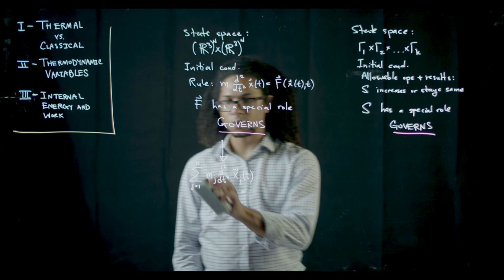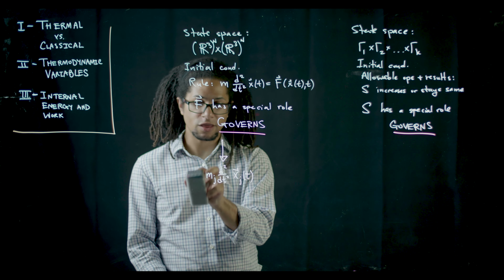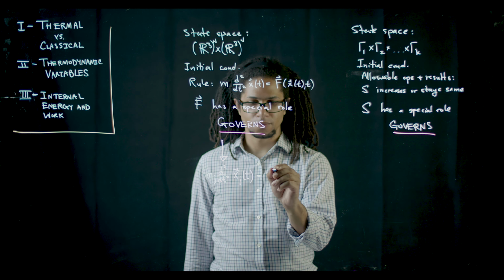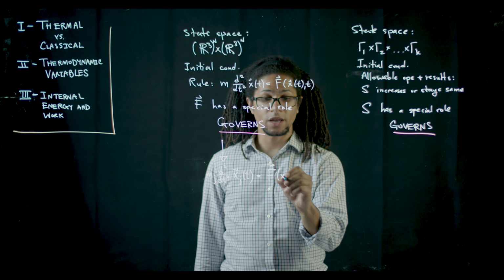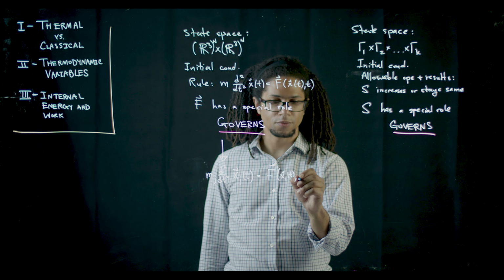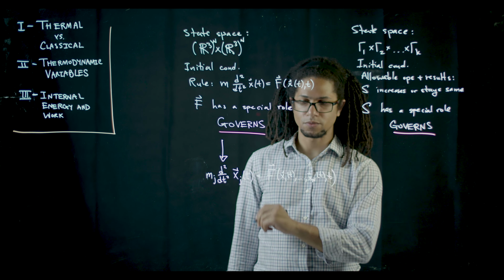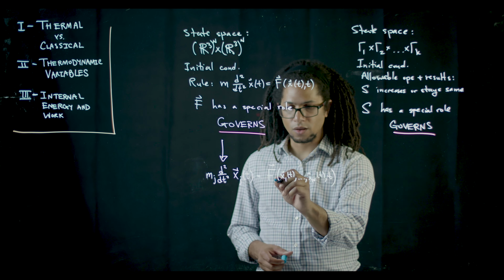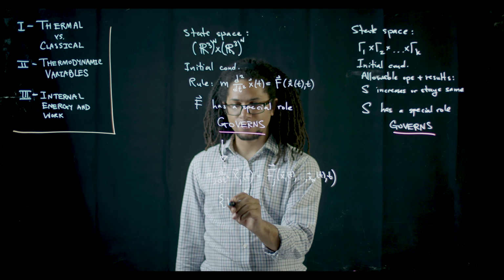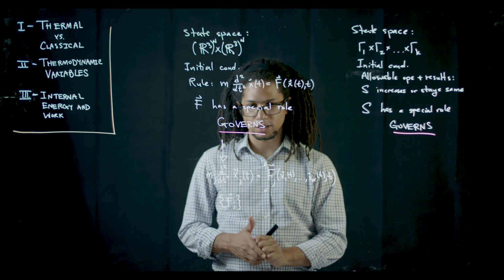No sum. But we would have a rule that the jth particle obeys, which might in principle depend on the positions of all of the particles. And let me say this is F sub j. Good. So now the whole set F sub j governs the dynamics in this case.